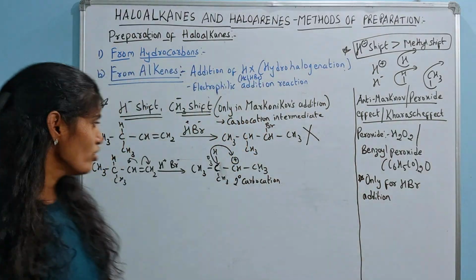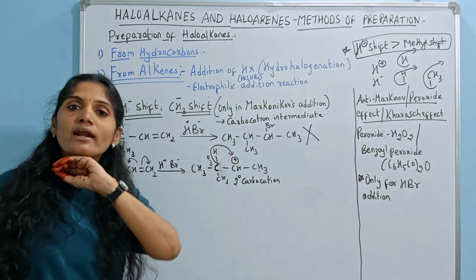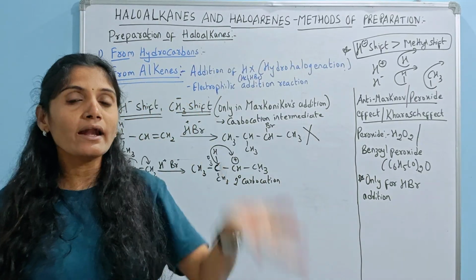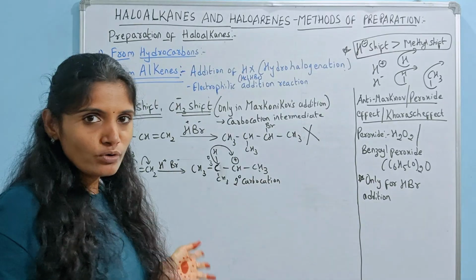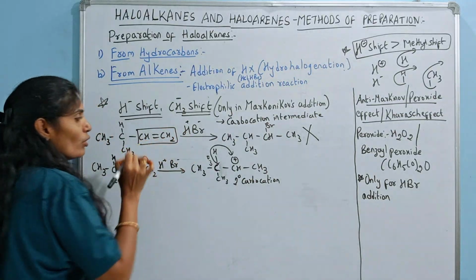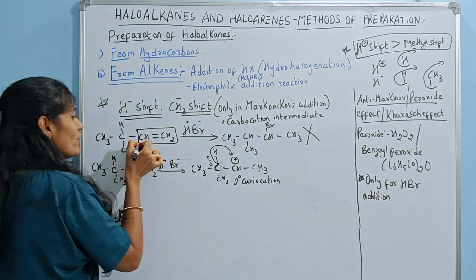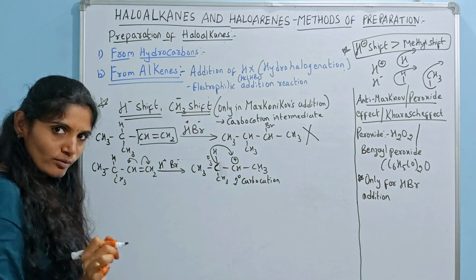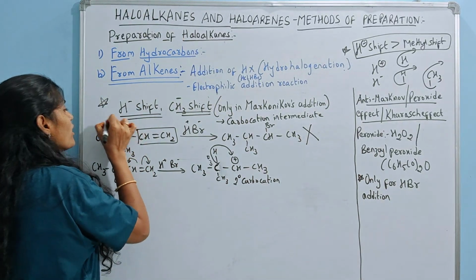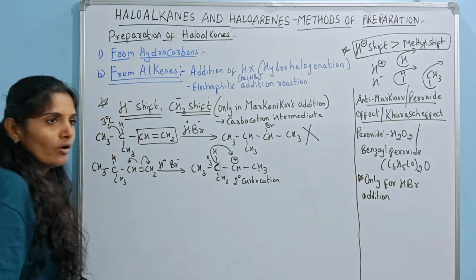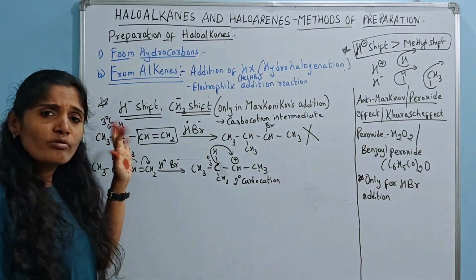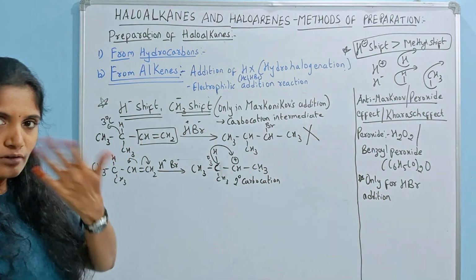Looking at the question, how should you understand whether to do a hydride shift or methyl shift? Now, this is my double bonded part. Look at the carbon adjacent to this double bonded carbon. If this carbon is a tertiary carbon, then obviously it will definitely have one methyl group.